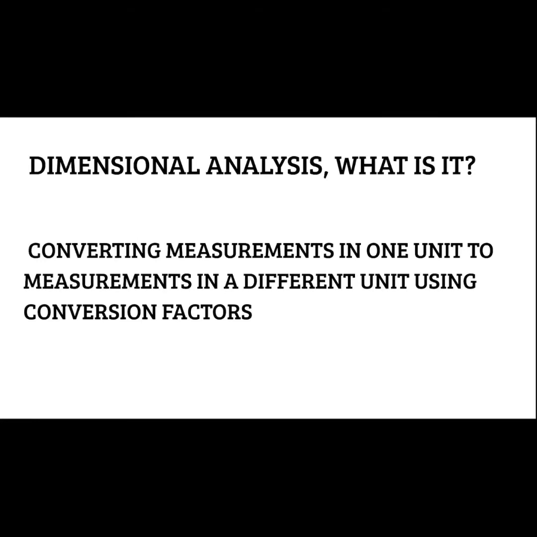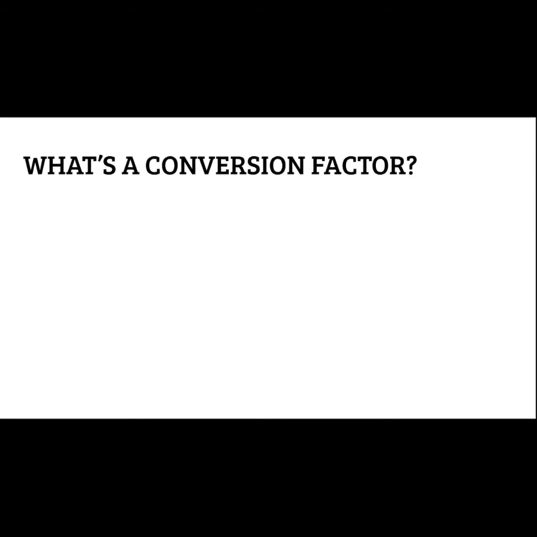So dimensional analysis is just converting measurements from one unit to measurements in a different unit using conversion factors. So maybe we have grams and we want to convert to milligrams. That is dimensional analysis. So what's a conversion factor?